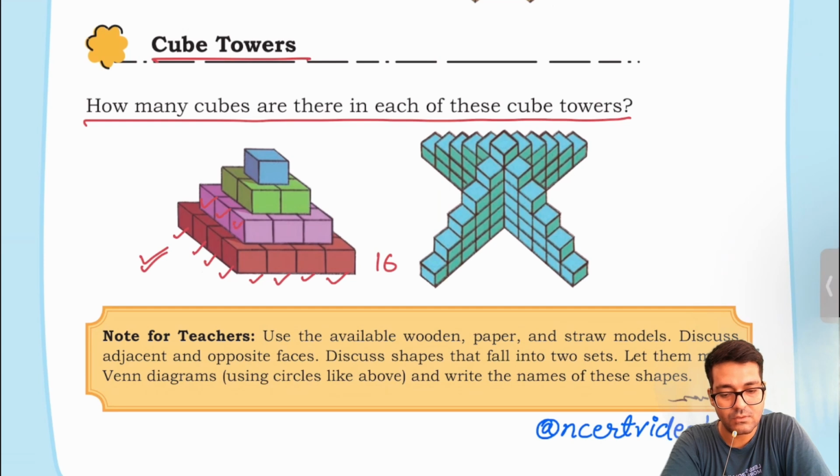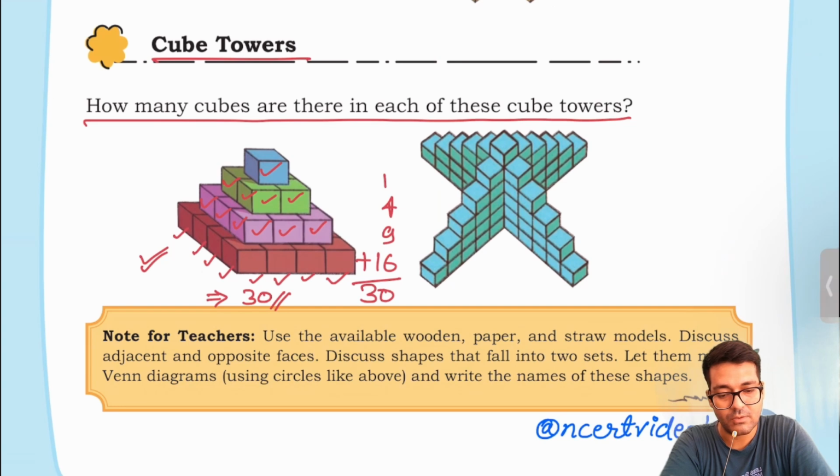Similarly 3 into 3, that is 9 cubes above it, and 2 into 2, 4 cubes just above it, and 1 cube at the top. If added, you will get 30. Number of cubes in the first cube tower is 30. That is 16 plus 9 plus 4 plus 1.